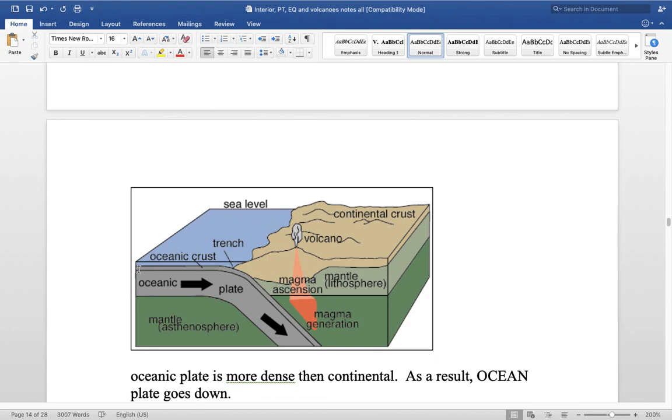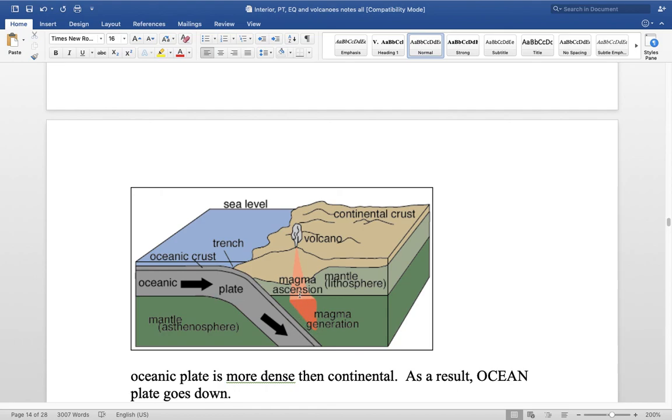So as you can see right here, guys, the ocean plate is going down. And because it's going down, it's subducting, all right? It's going to go into the interior of Earth where it's really hot, and it begins to melt. And now that it melts, it gets super hot, and things that are super hot become less dense. So it's going to rise up. That heat is going to rise up, all right?